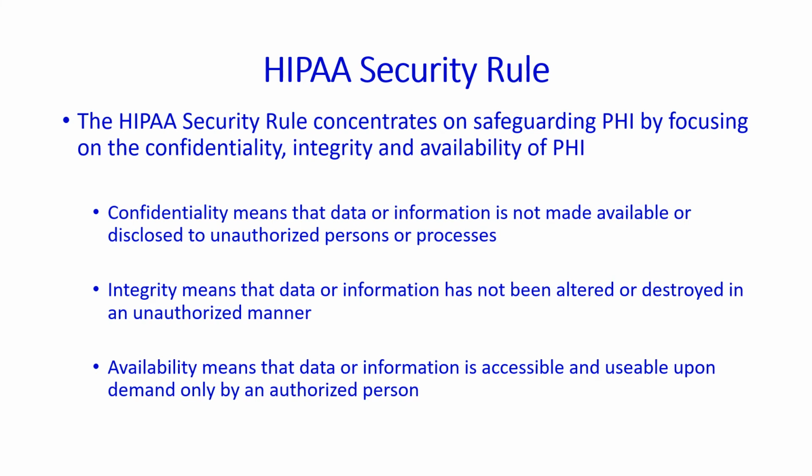Integrity means that the PHI is complete and accurate and has not been subject to alteration or destruction. Availability means that PHI can be accessed by an individual with a valid reason for accessing the PHI while remaining safe from unauthorized access. The HIPAA security rule requires that covered entities maintain ePHI in such a way that each of these three principles is satisfied.